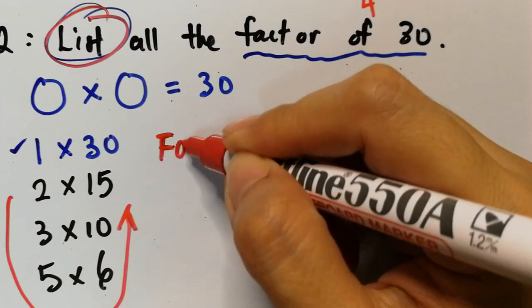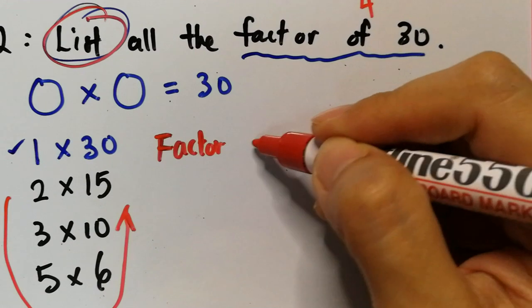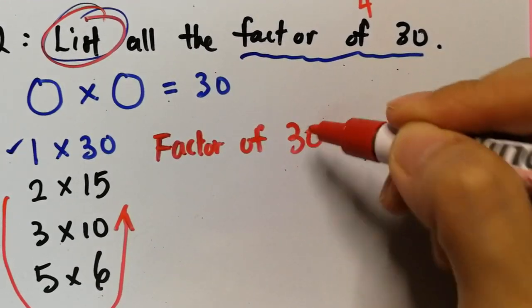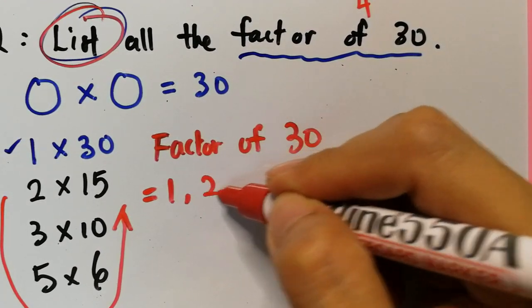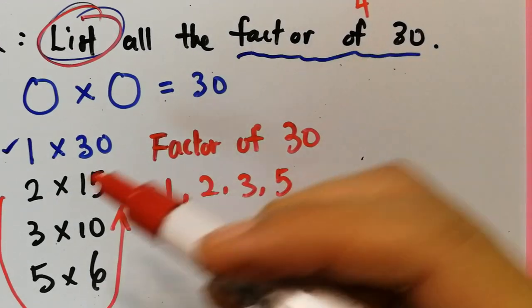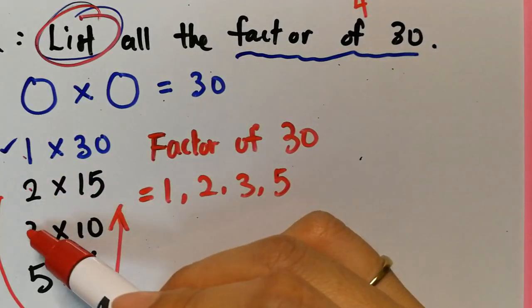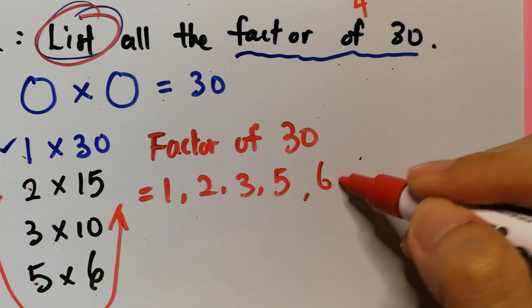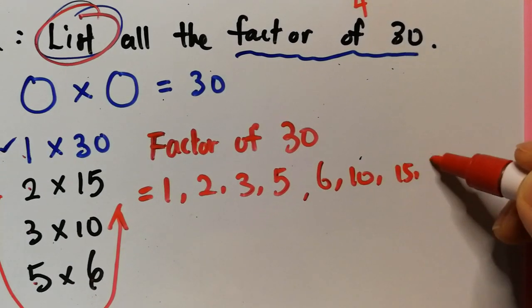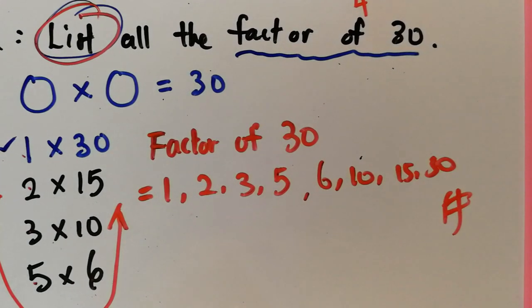So when we list out, please make sure you write factors of 30 equals 1, 2, 3, 5, so just make a U-turn: 1, 2, 3, 5, 6, 10, 15, and 30. So this is our answer for listing out all the factors of 30.